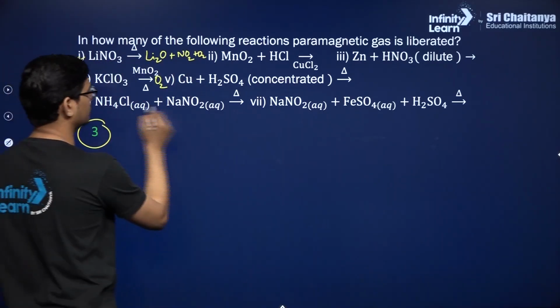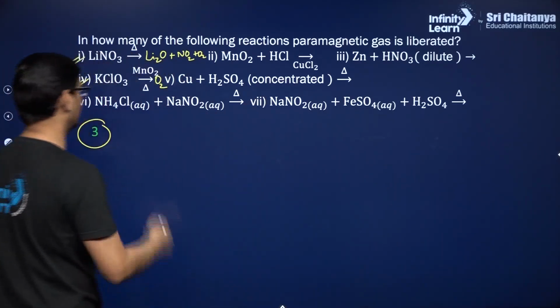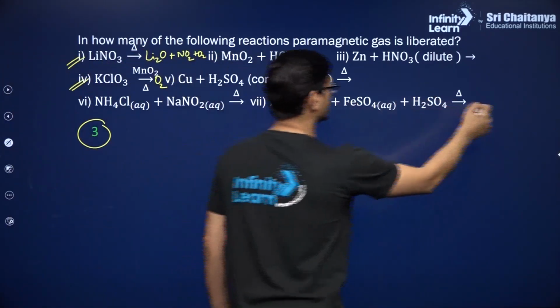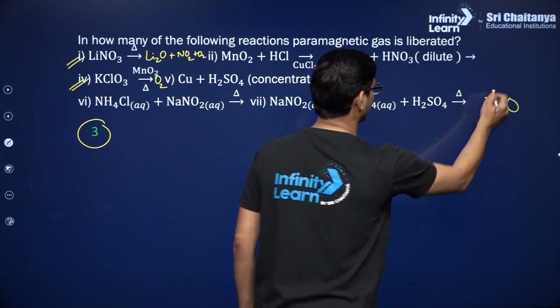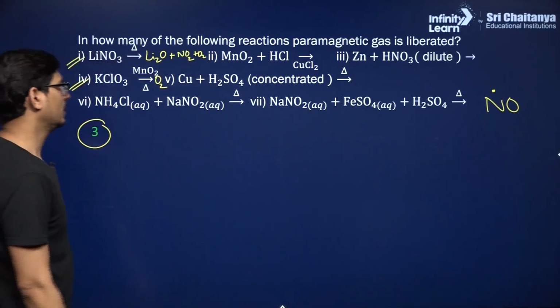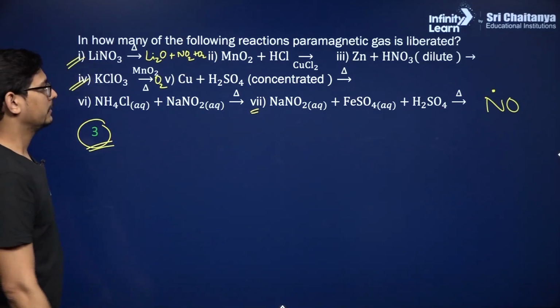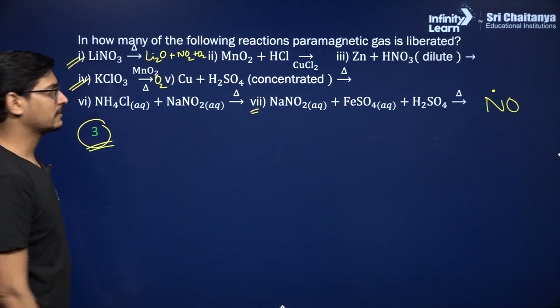This ammonium nitrite gives nitrogen plus water, and then NaCl, none of them is paramagnetic, and this leads to the formation of nitric oxide, which has one unpaired electron and hence is paramagnetic. So first, fourth and seventh. So there are 3 reactions in which a paramagnetic gas evolves.